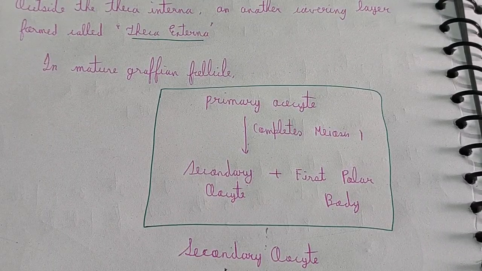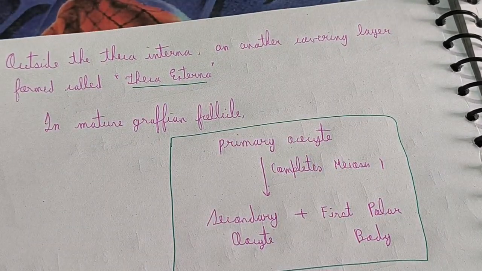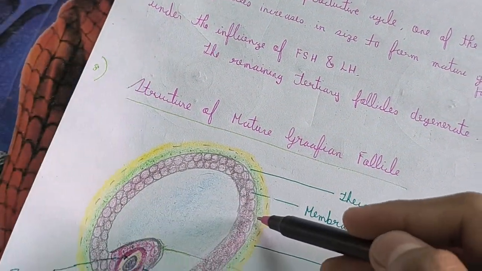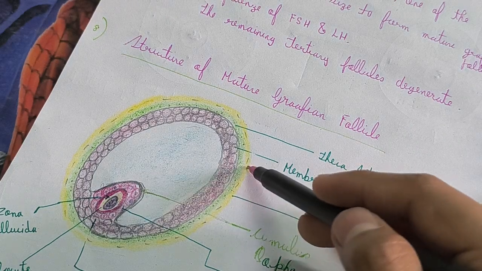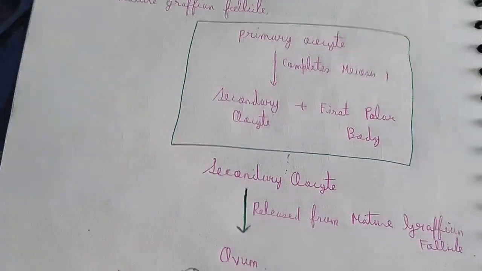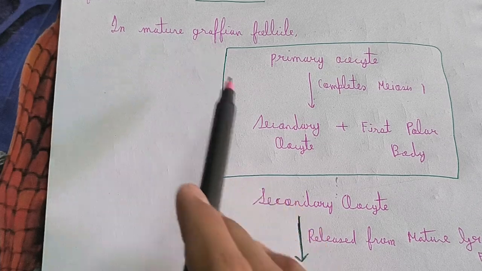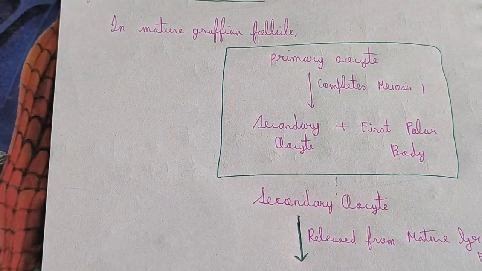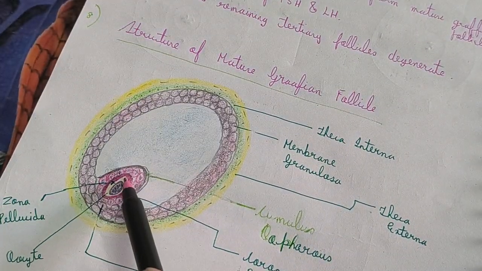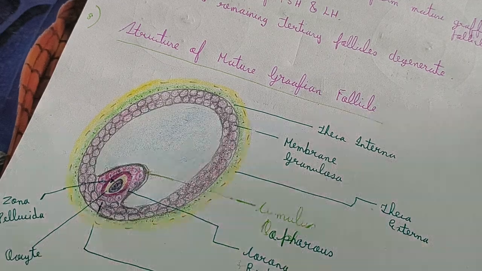So friends, I've written that outside the theca interna, another covering layer is formed, that is theca externa. Now a very important concept regarding ovulation: inside this mature Graafian follicle, the oocyte is at the primary stage, the primary oocyte.